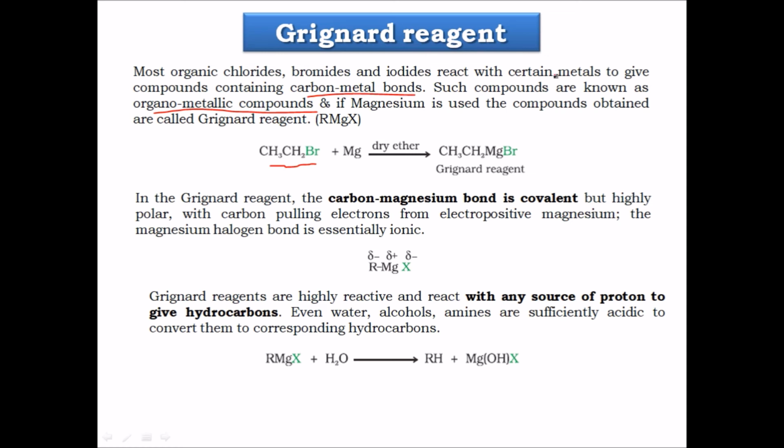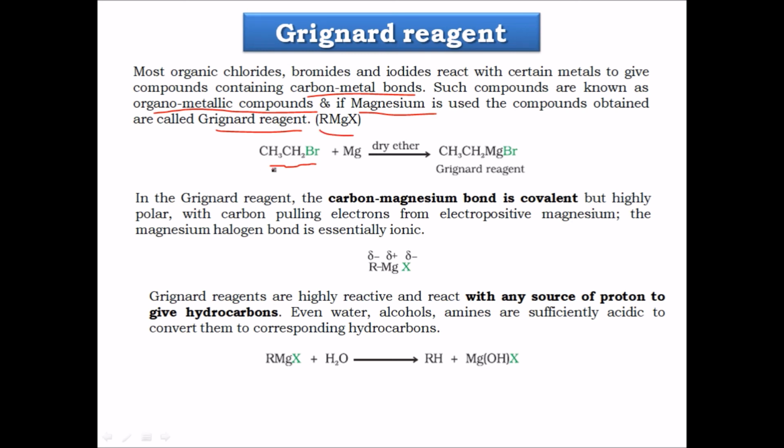If the metal taken is magnesium, then the obtained compound is called the Grignard reagent. You can take the formula for Grignard reagent as alkyl magnesium halide, RMgX. Now how do you get this Grignard reagent? Let me take one reaction here.